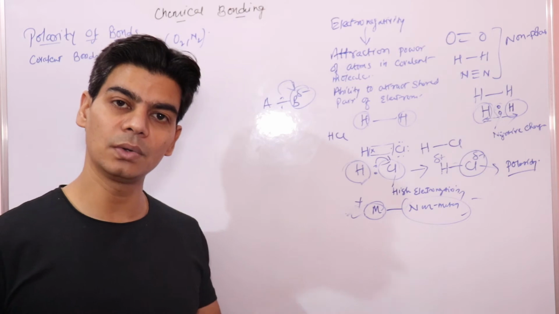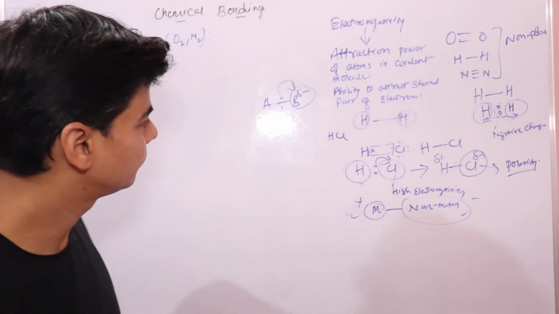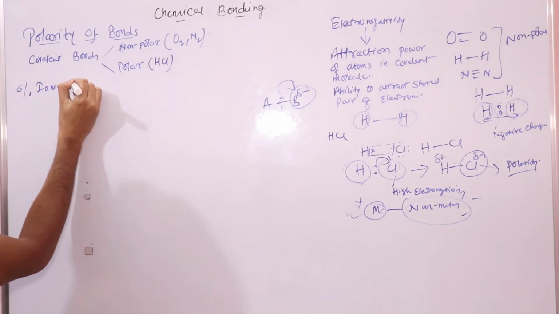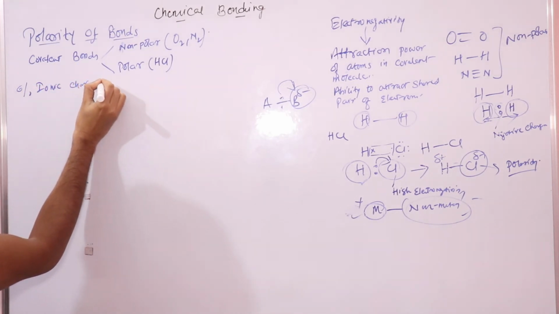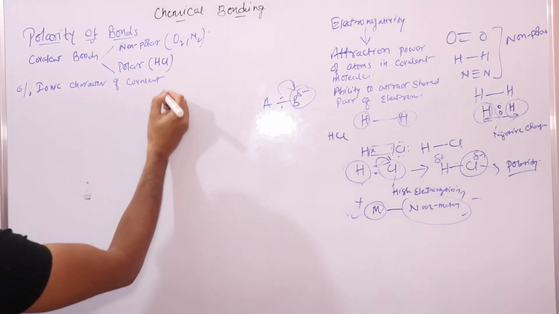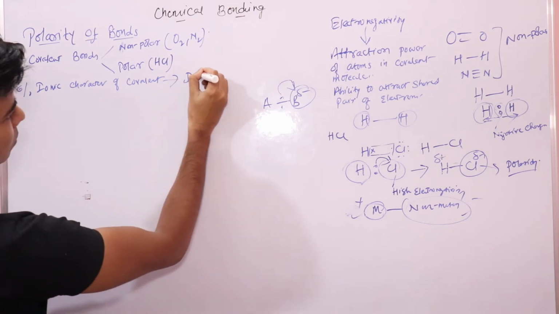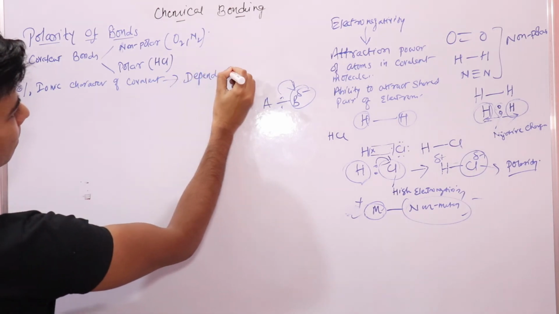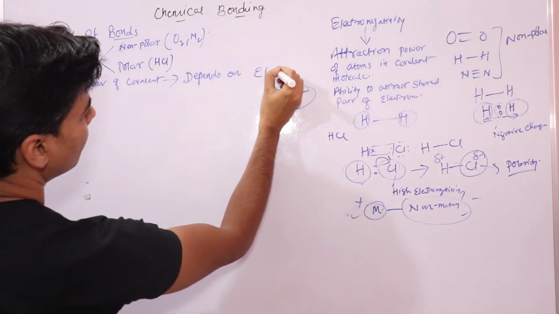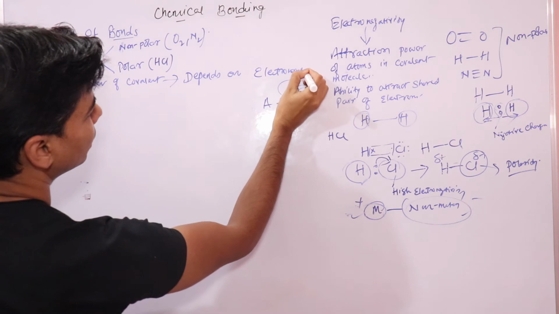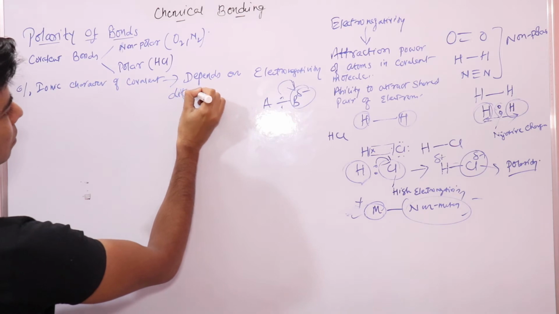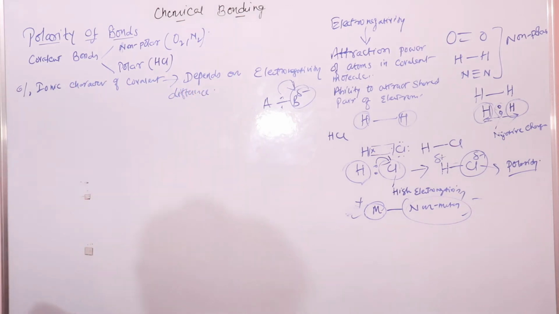The percentage ionic character of a covalent bond depends on the electronegativity difference.